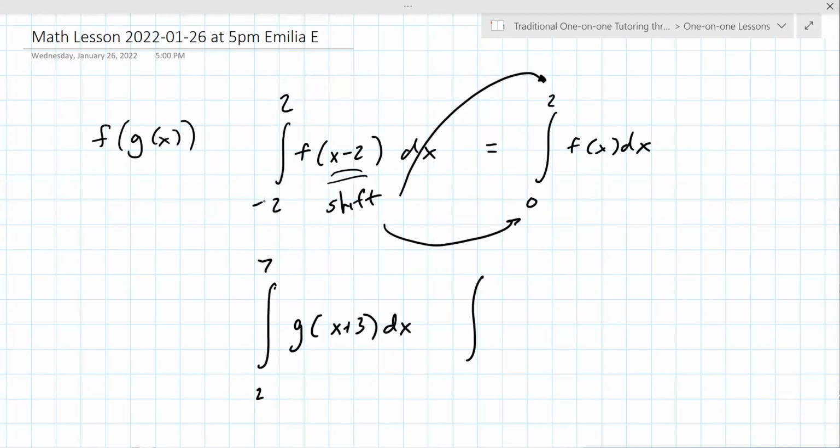So it would shift it to 0 and 4. It's a shift right. And then I was doing here from 3. This is a shift left. So it would be from 0 to 4 of g of x dx. Okay.